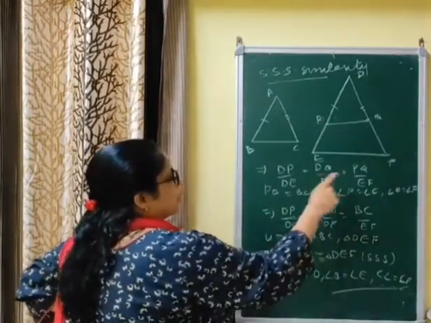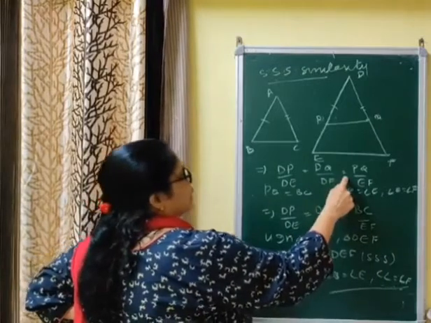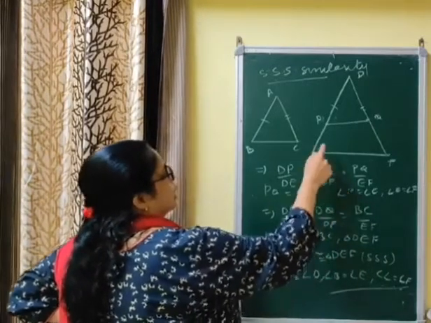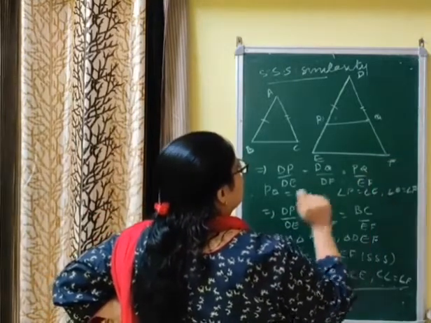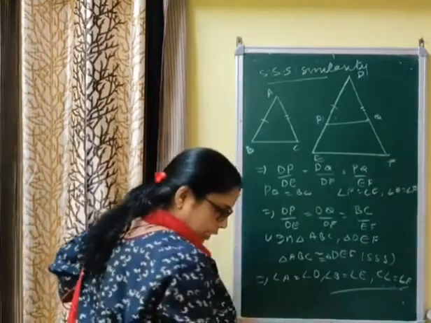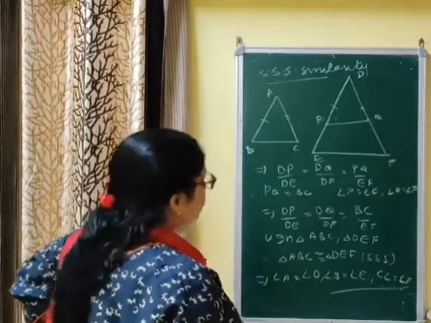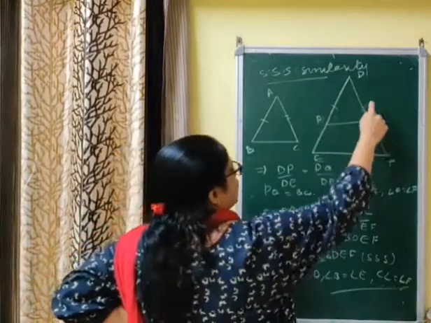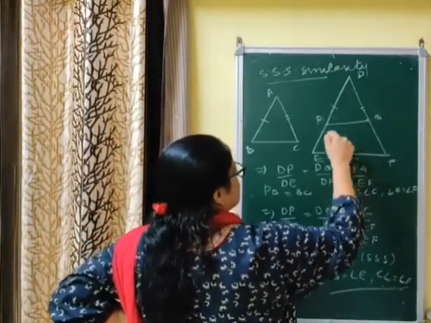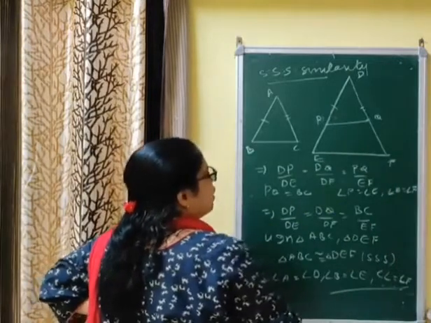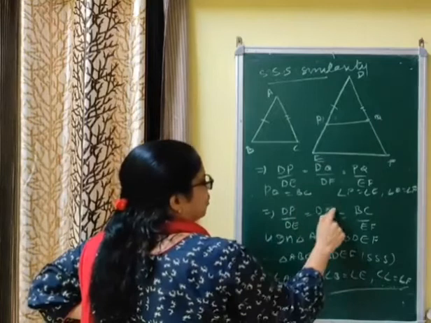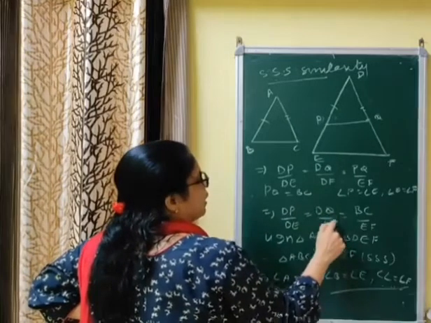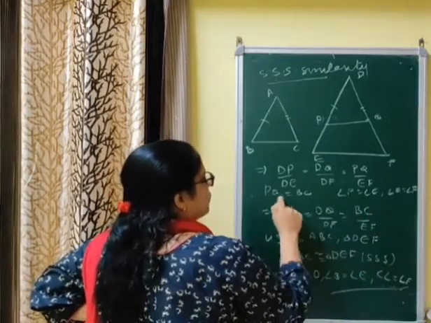Now by the given condition, this is the condition that we have proved: DP by DE is equal to DQ by DF equal to PQ by EF. Because DP by DE equal to DQ by DF means PQ is parallel to EF, these two angles are equal, these two angles are equal, but PQ equal to BC by the construction, that is DP by DE equal to DQ by DF equal to BC by EF, because PQ equal to BC.